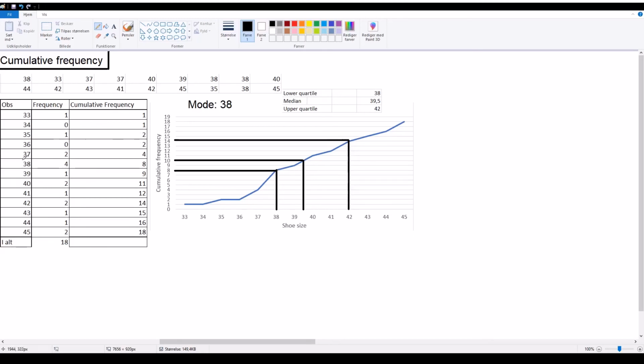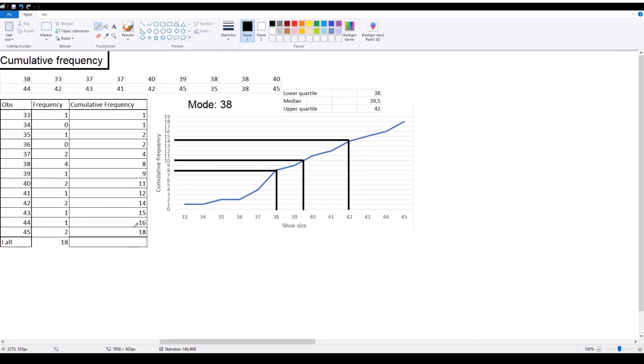Here there's 2 of this observation, so you add 2 to the number before. Here there's 4 of that observation, so you add 4 to the number from before. Here there's 1 of this observation, so you add 1 to the number before. And essentially you keep on adding the current frequency to the total amount you've counted so far.